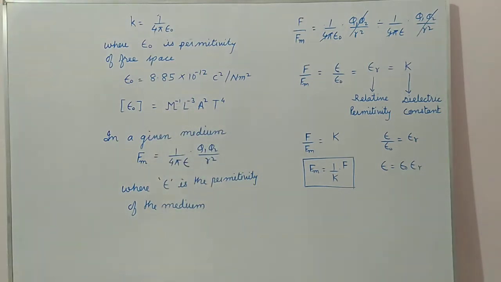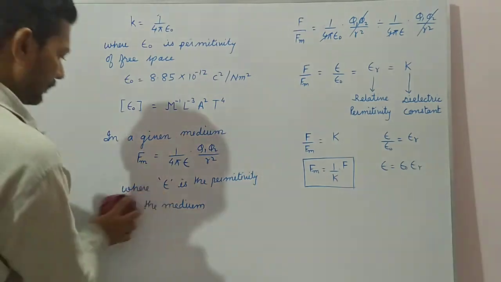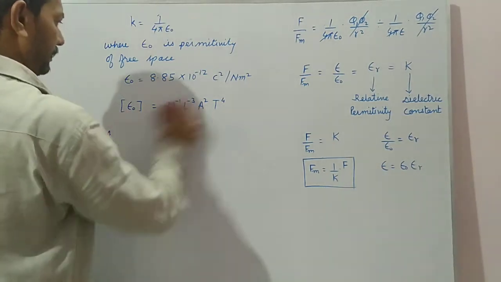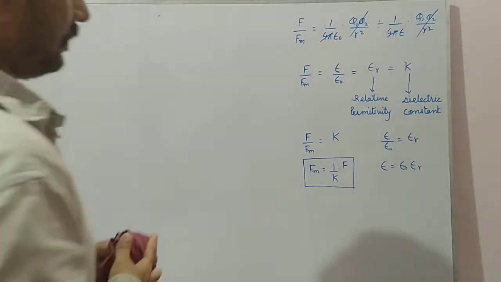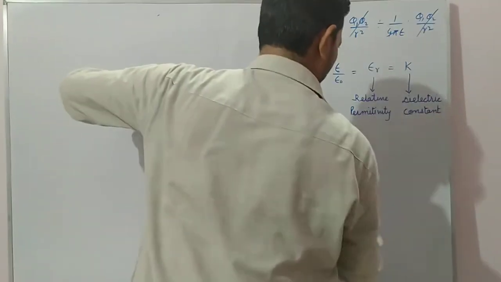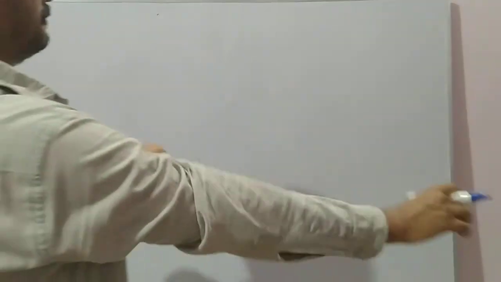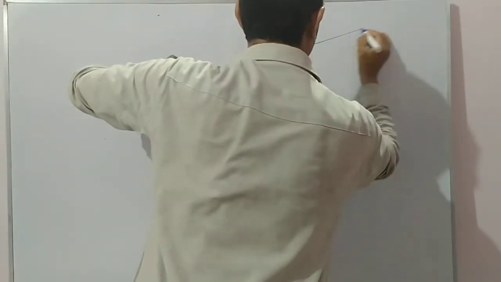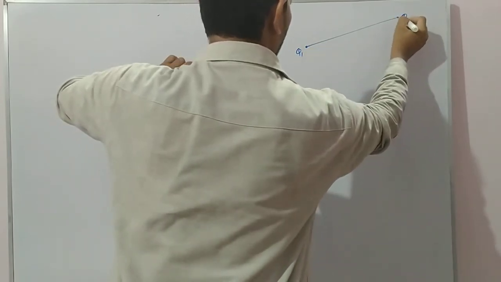Next we will come to Coulomb's law in vector form. See here. Suppose there are two charges Q1 and Q2.